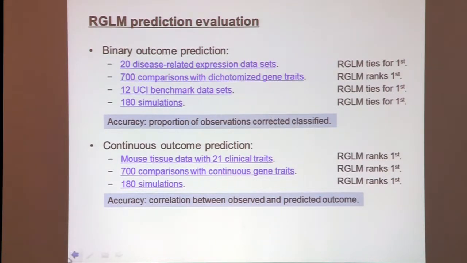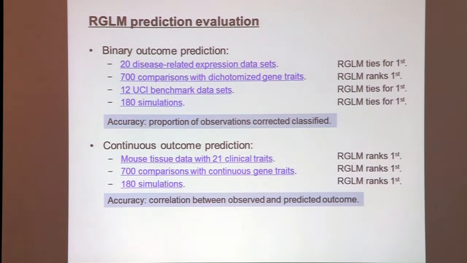In a second, I will describe an application to 20 disease-related expression data sets, mainly cancer, but other diseases as well. Then I will describe another study where we evaluated 700 data sets, then UCLA benchmark data and simulations, and that's for the binary outcome, but it also works very well for continuous outcome. So it ranked consistently high.